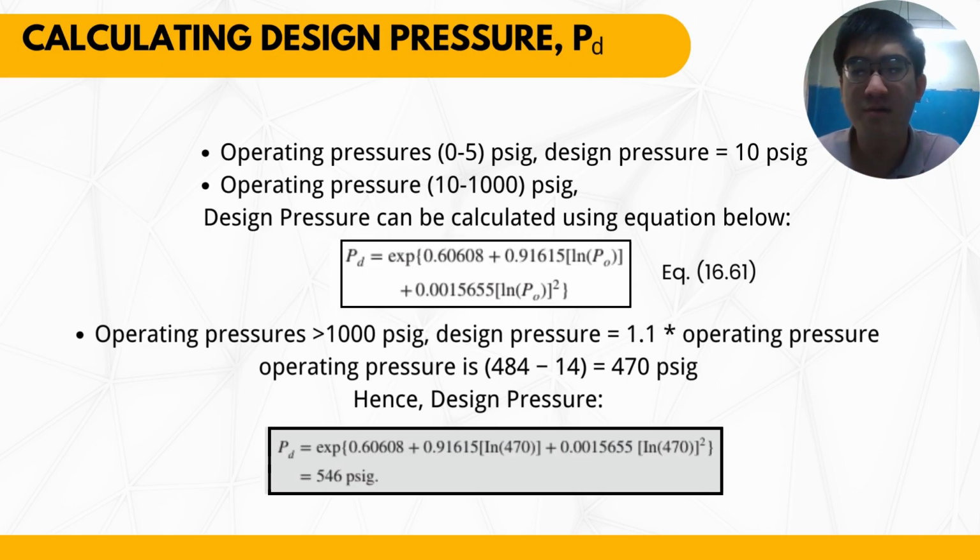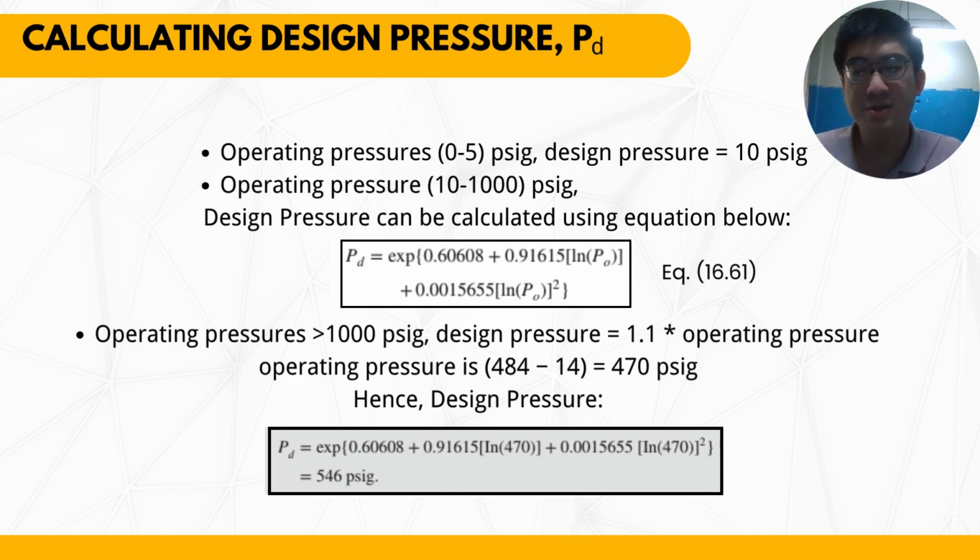We will start with calculating the design pressure (PD). For the operating pressure from 0 to 5 psig, the design pressure will be 10 psig. For the operating pressure from 10 to 1000 psig, the design pressure can be calculated using the equation below, which is equation 16.61.